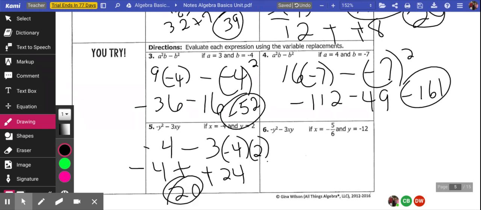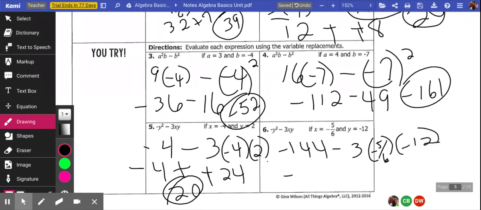Okay? Again, we have y squared, which is -12. So -12 squared is 144. Then we have to drop that negative sign down. Then we have minus 3 times -5/6 times -12.